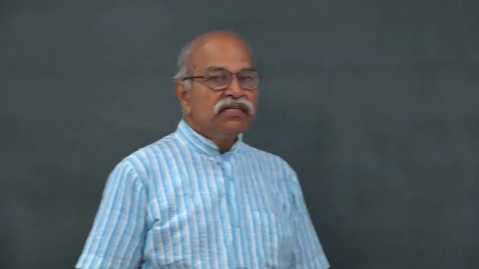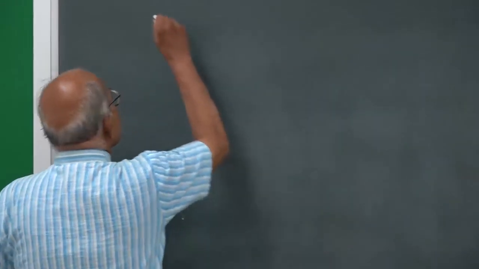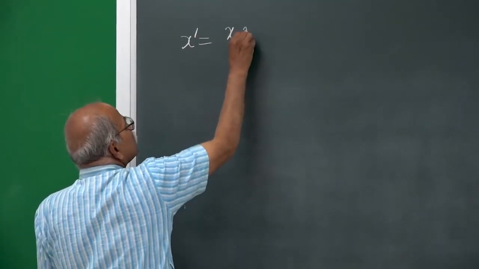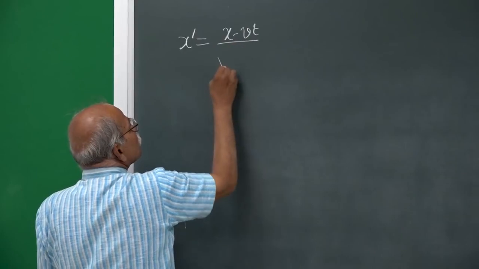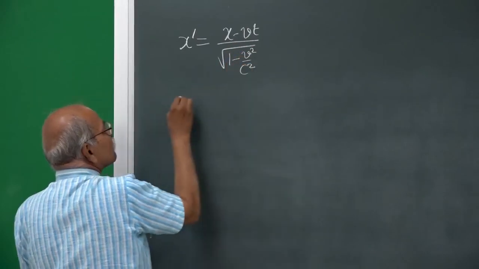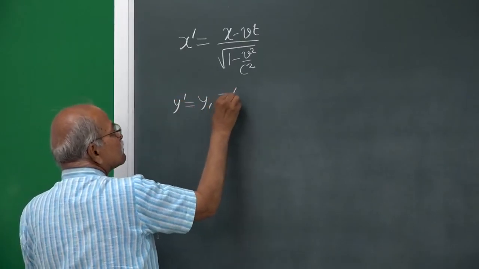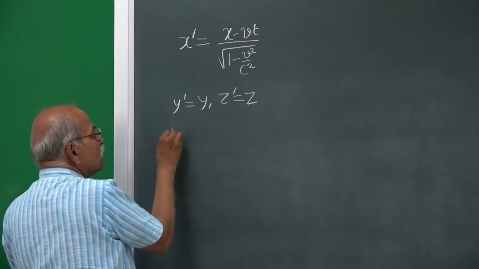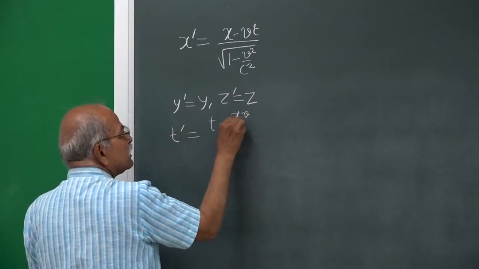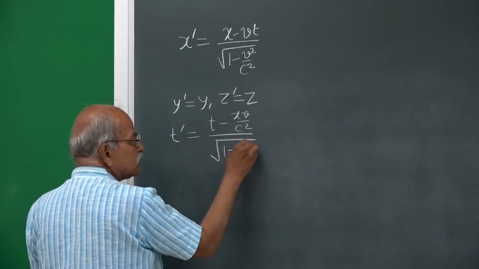And the transformation equations that we got are: x prime is equal to x minus v t over square root of 1 minus v square by c square, y prime is equal to y, z prime is equal to z, and t prime is equal to t minus x v by c square, over square root of 1 minus v square by c square.